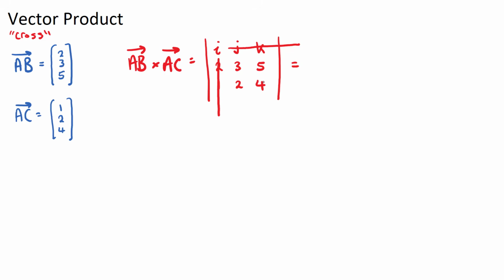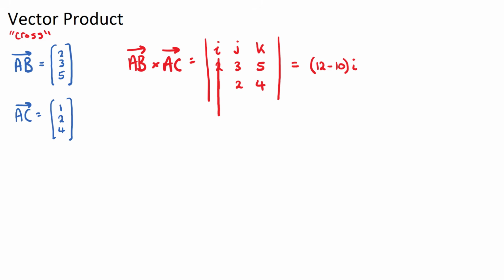We need to find the determinant of these 4 numbers. If you haven't heard of the determinant or any matrices, all you need to do is multiply this leading diagonal and then subtract the other diagonal. So it'll be 3 times 4, take away 5 times 2. So we're going to have 3 times 4, which is 12, minus 5 times 2, which is 10, and this will be our i component.